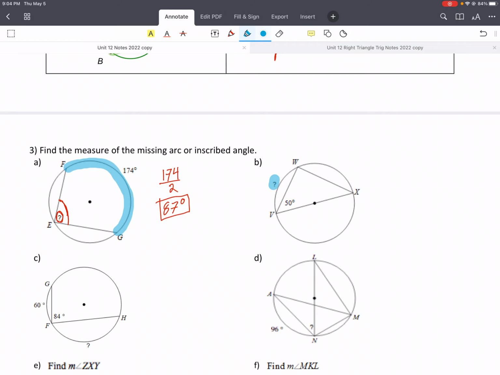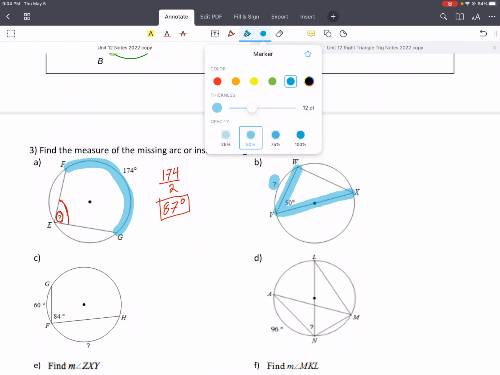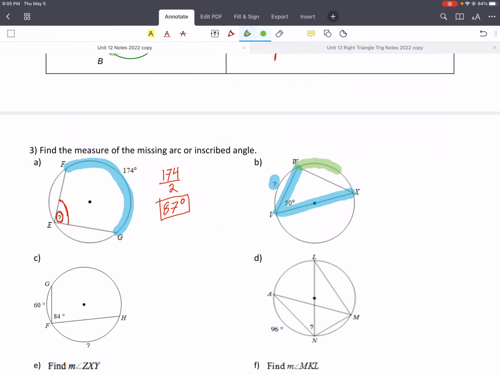We have this inscribed angle, which is 50, and that corresponds to this arc right there. And because this angle is 50, this arc is double that. So it's 50 times 2, which is 100 degrees.